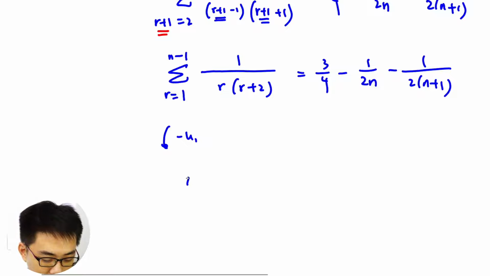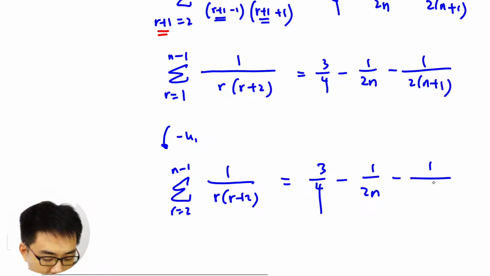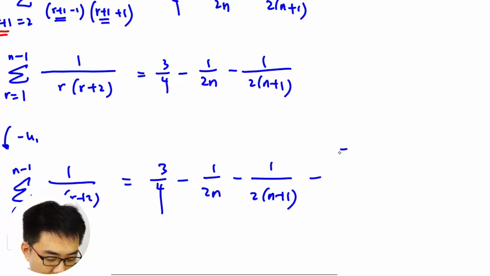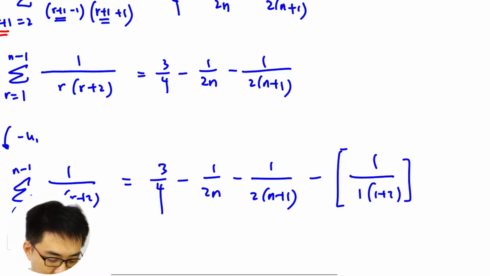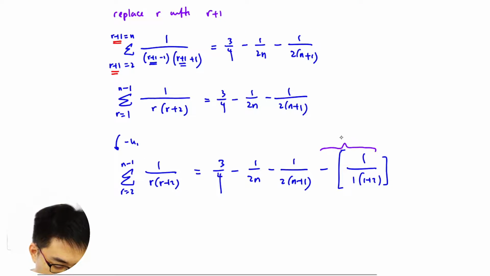So this is r equals to 2 to n minus 1. If you minus off u1, this will be 3 over 4 minus 1 over 2n minus 2n plus 1, minus u1.